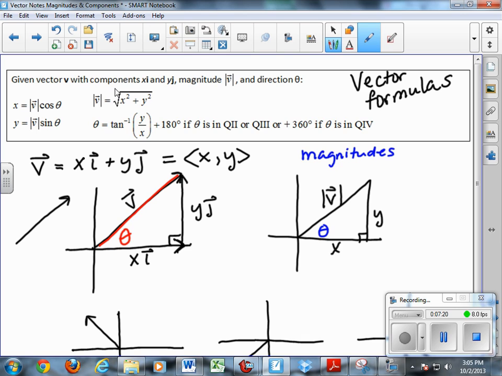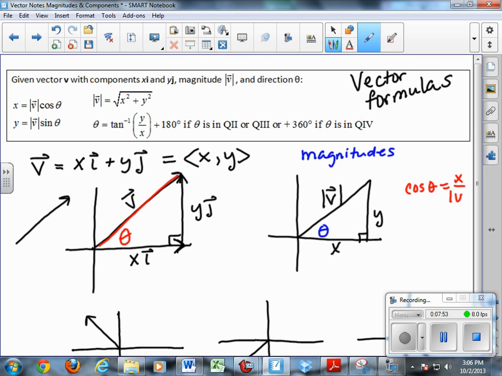If I know the vector's components, I can also figure out the angle of the vector because I can do inverse tangent of y over x. And I'll talk about this part in just a minute. If I know the length of the vector and its angle, then I can find its components, because the x component is found using cosine: cosine of theta is x over the magnitude of the vector.